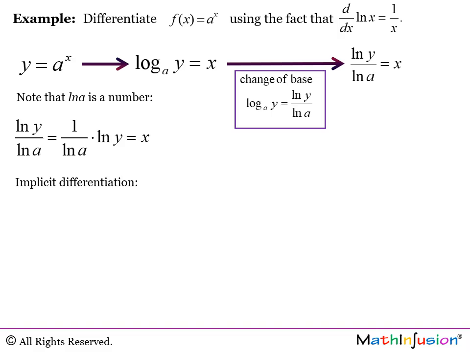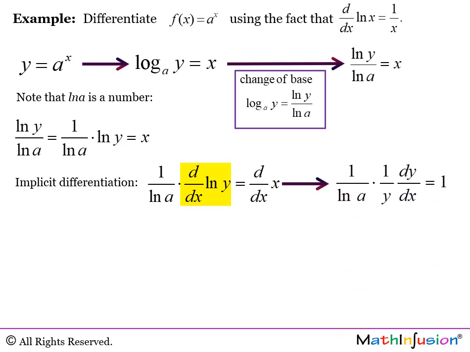It's time now to find dy/dx using implicit differentiation. d/dx of ln y is 1 over y times dy/dx, and d/dx of x is 1.